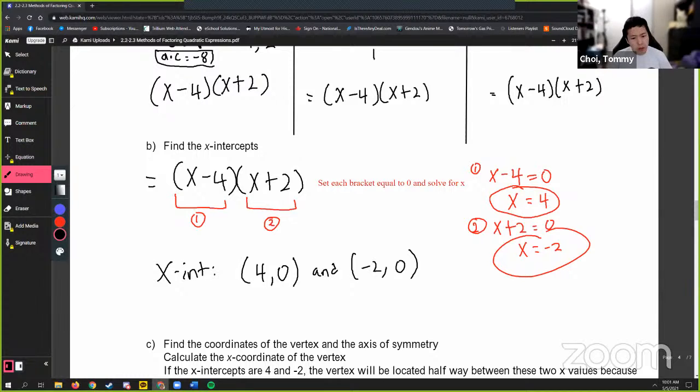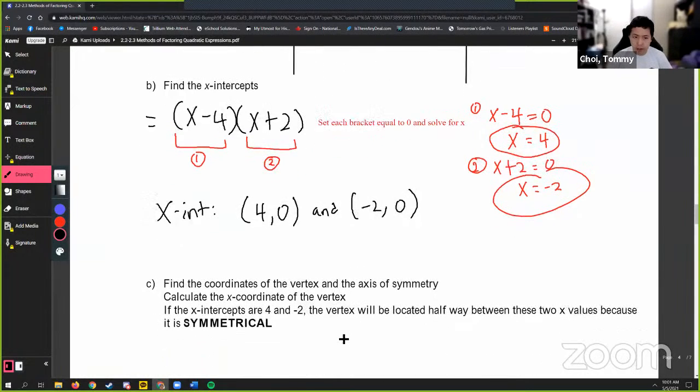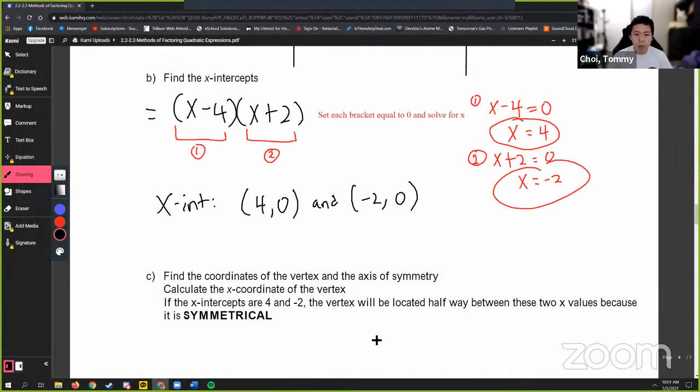Then let's go one step further. In part C, I'm not going to go too far here. In part C, it asks us, find the coordinates of the vertex and the axis of symmetry. So what we're going to be doing now is understanding this key fact. Number one, the parabola, the quadratics, are symmetrical. If you fold it in half, it should be exactly the same.